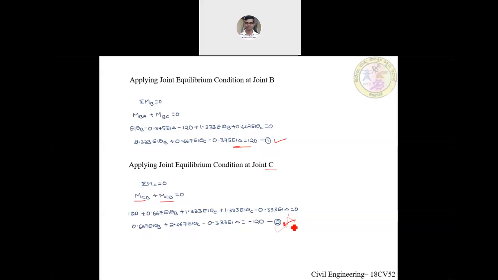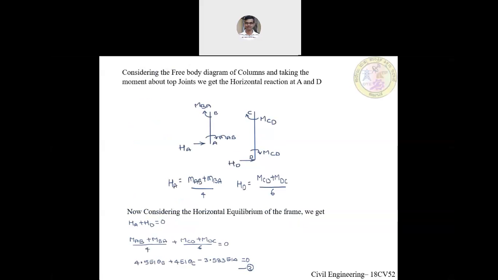Now, in order to get a third equation, we will write the free body diagram of the column. If I draw the free body diagram of the column, we will have end moments at each end of the column. At end A, we'll have MAB, and at B, we'll have MBA. Similarly, for the other column, we'll have MCD and MDC.